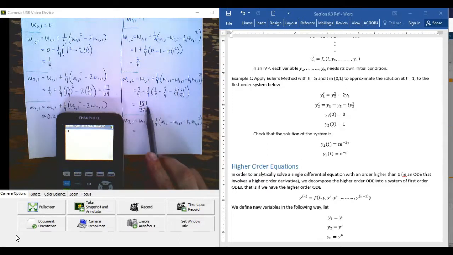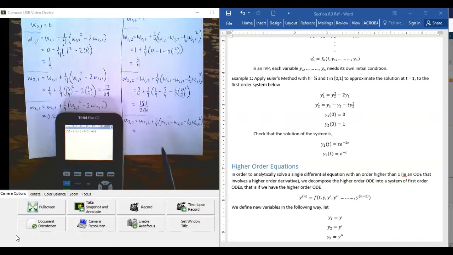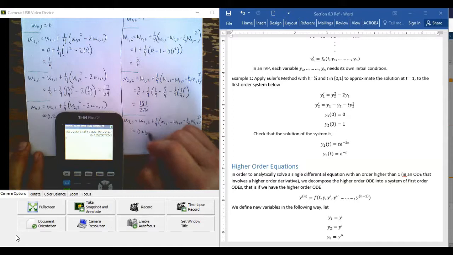W22 is 151 over 256, plus 1/4 times W21, that is 17 over 64, minus W22, again 151 over 256, minus T2, T2 is 0.5, times W22 squared. So here we get 0.465296.